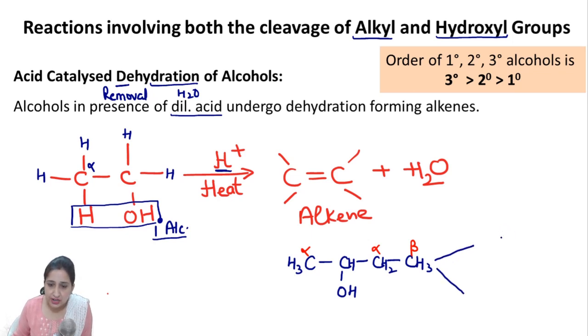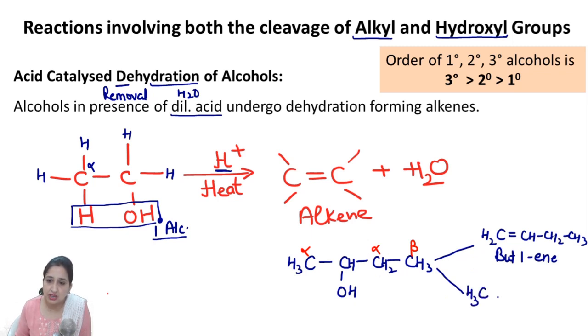How? In one type of reaction this can take place: CH2 double bond CH, CH2, CH3. So its name will be but-1-ene. But in the second case, if we take the involvement of this carbon, then your product will be CH3 CH double bond CH and your CH3.